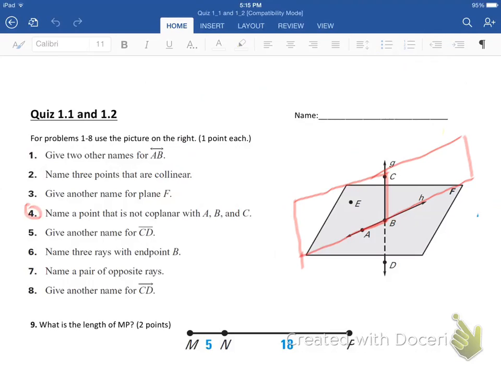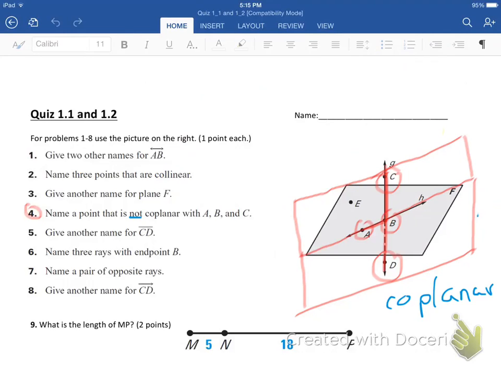There's the plane, and it goes down. Remember, planes go forever. Okay? And because C and B are on the same line as D, it also has D, B, C, A, B, C, D are all coplanar.